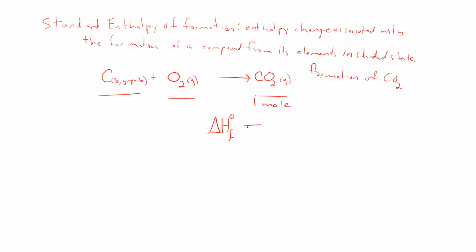Before we actually go and look at the table and find it, that has 2 things to it that we need to make sure we're clear on. That little circle there, that naught, is just specifying that it's under standard conditions.